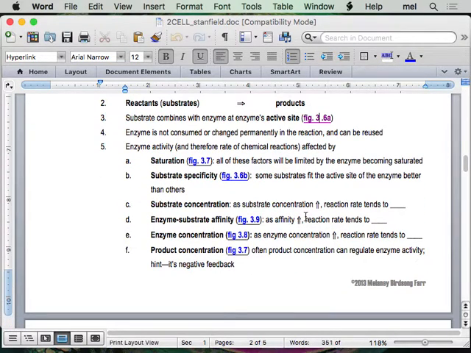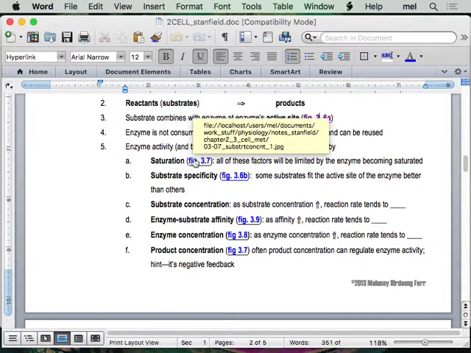So enzyme activity, I want to talk about what can impact the rate of a chemical reaction, the rate at which you form your products. And there are some things that are intuitive and some things that are counterintuitive, and you kind of need to understand all of them. So the one, enzyme activity, and therefore the rate of chemical reactions, can be affected by this concept. You probably know this concept from either chemistry or 1610: saturation.